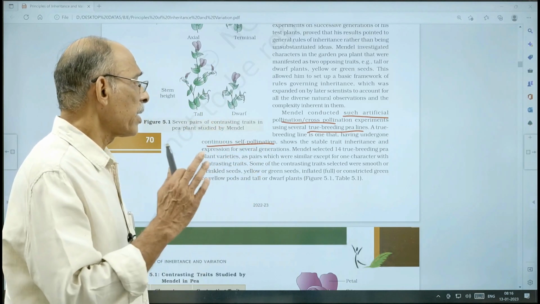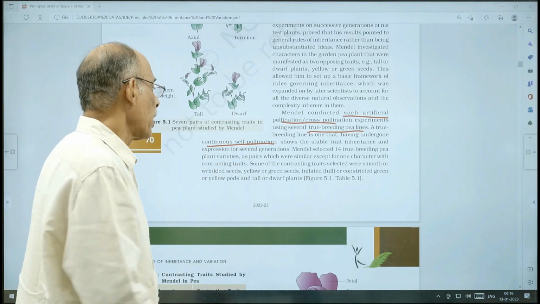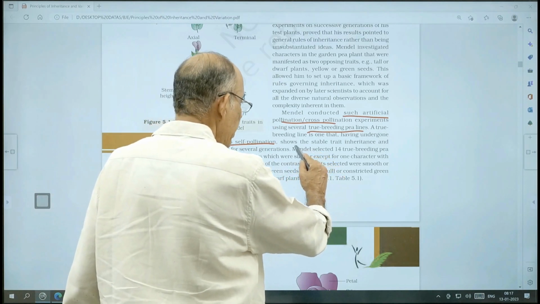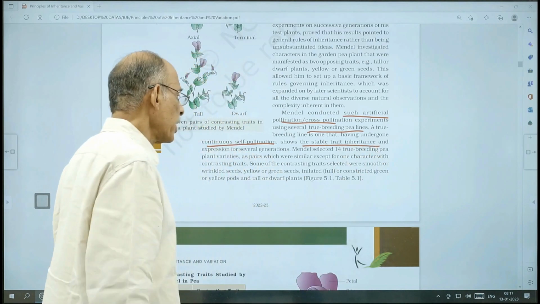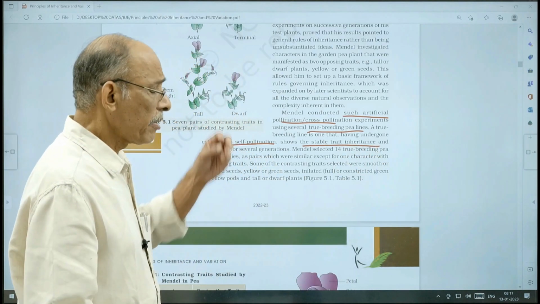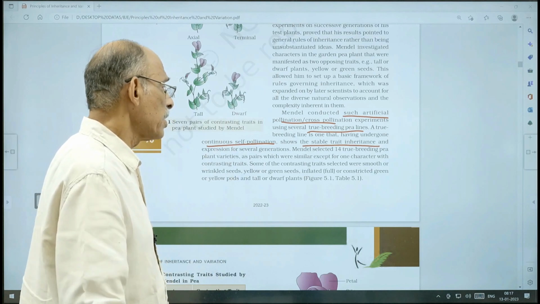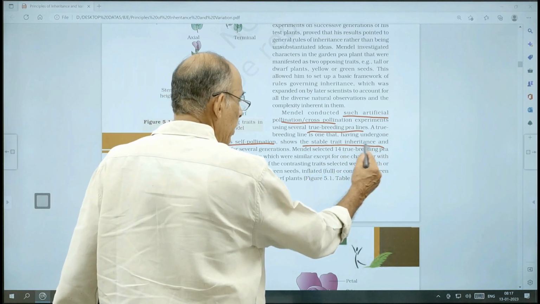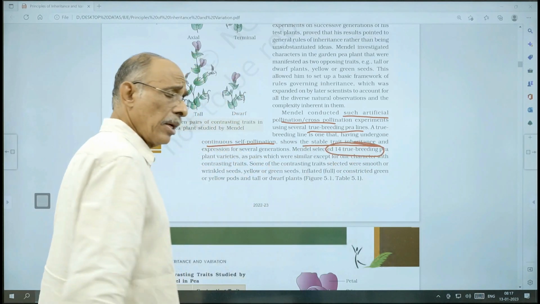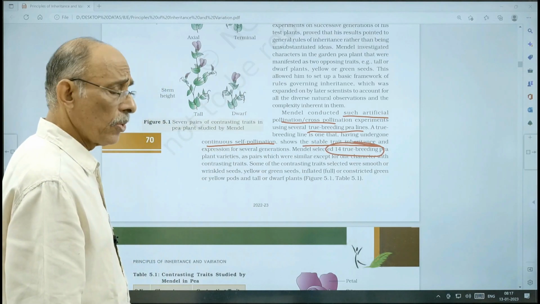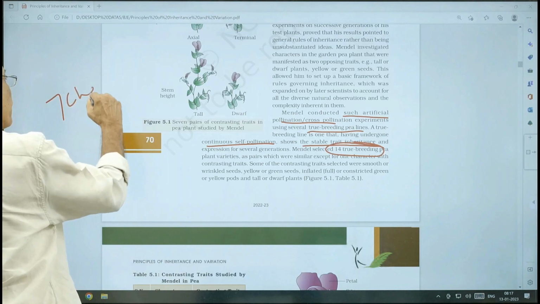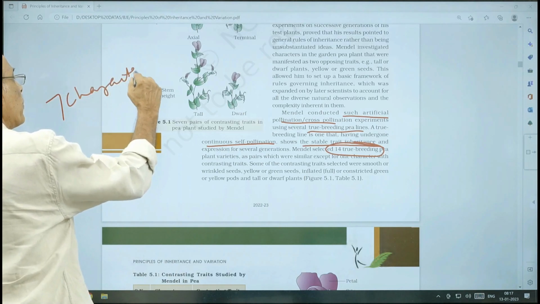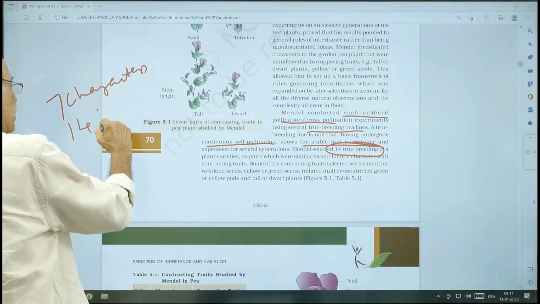So each character is made pure by continuous self-pollination, and once it is a pure line, there is a stable trait of inheritance. The character will be inherited for several generations, and Mendel made such 14 true breeding pea plants. Actually, Mendel studied 7 characters and 14 traits.